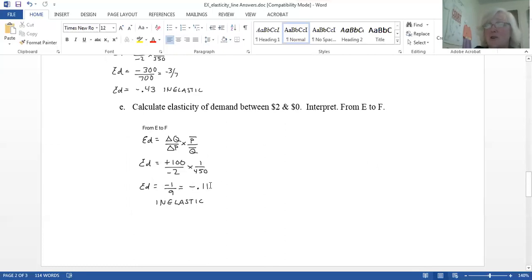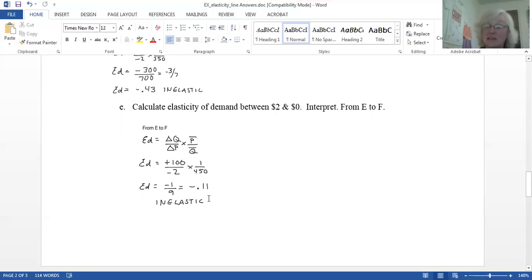The absolute value, 0.11, is less than 0.43. I was correct. Yay, love being right. And in fact, the 0.11 absolute value is less than 1. So therefore, I'm going to slap on the label inelastic. Pretty cool.